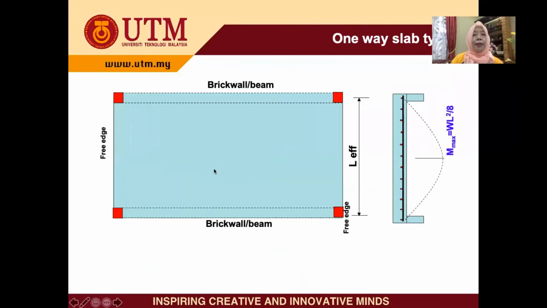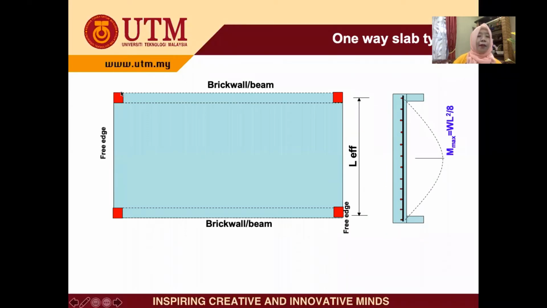Okay, now this is another pattern of one-way slab, similar to the previous one. Here we have the brick wall or beam provided as a support at the longer side.